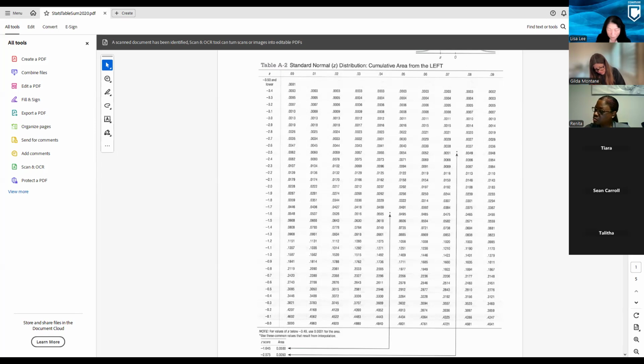So for this problem, I will find the left-hand side first. I will find this one, okay? And the area is only 0.005, just like the table we looked at earlier. For the area, I will put 0.005, and the mean, I will put 0, because it's a Z-score. Z-score is always standardized.